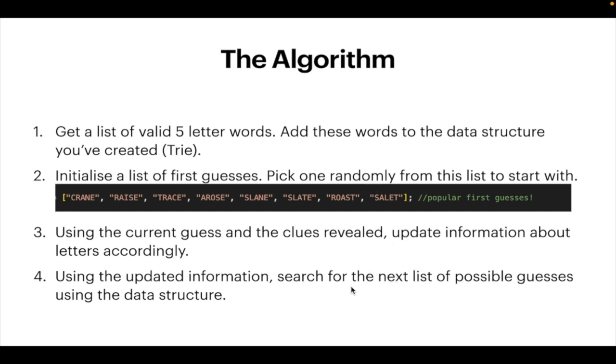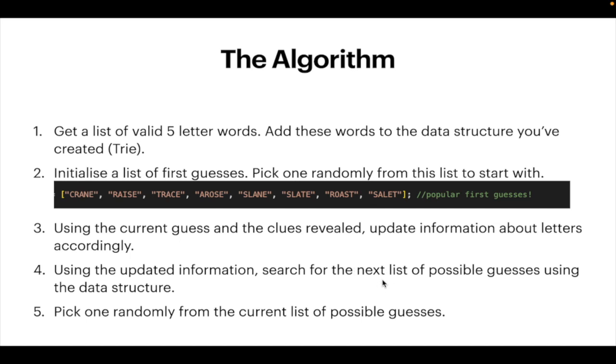So using the trie, we can obtain the next list of possible guesses, and we'll have to make sure it obeys the information we have in hand. Like, let's say it uses all the possible valid letters, valid positions, and so on.